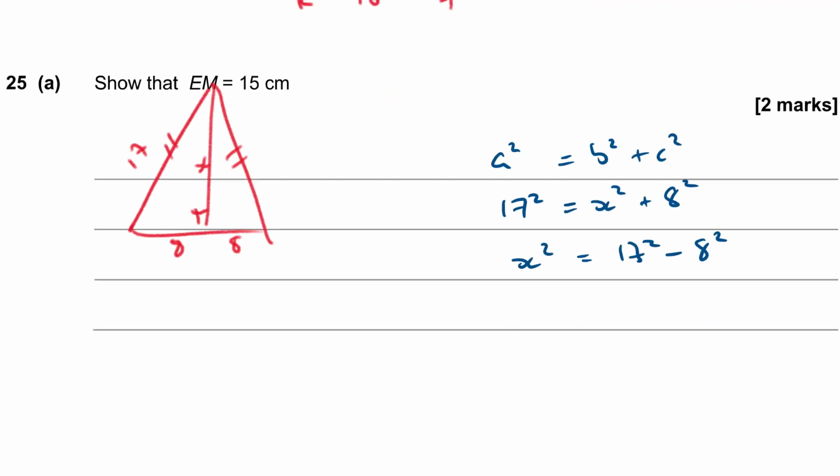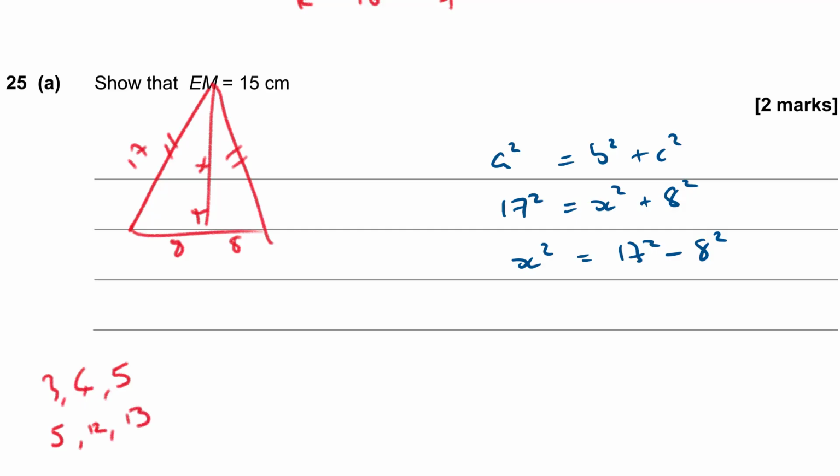Now some of the more astute of you amongst you might notice that that is one of the lesser well-known Pythagorean triples. Most students by now should know that the one triple is the 3, 4, 5 triangle, that 3 squared plus 4 squared is 5 squared. You've also got the 5, 12, 13 triangle.